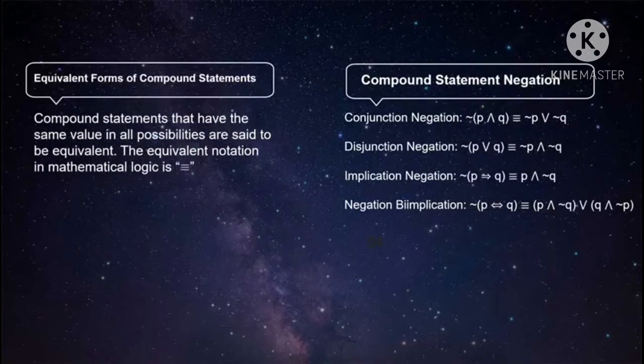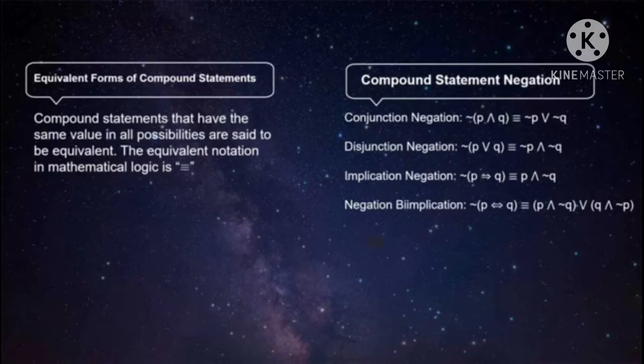Number 9, equivalent form of compound statement. Compound statements that have the same value in all possibilities are said to be equivalent. The equivalent notation in mathematical logic is shown in the picture you can see on the screen.